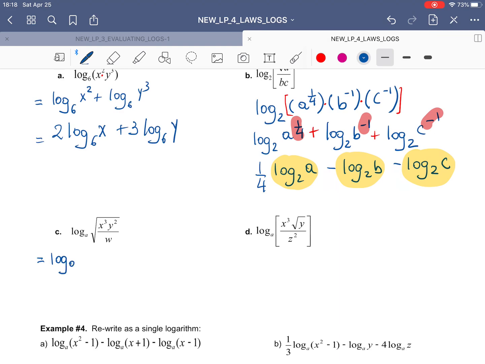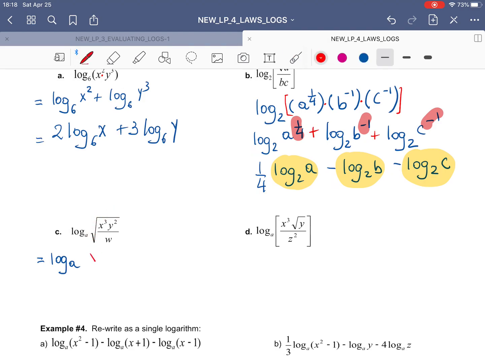log with base a of, now you see how we have a power here of 1/2 represented by this square root, and this power applies to every part of the expression inside the root. So what I'm going to do is I'm going to apply the power first.